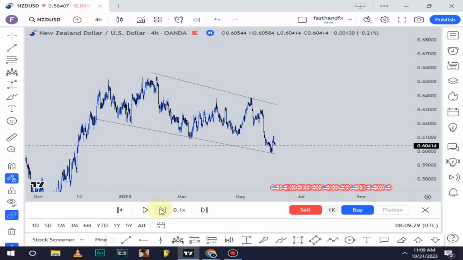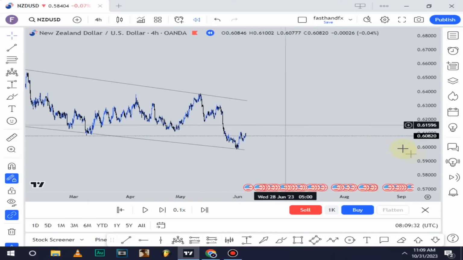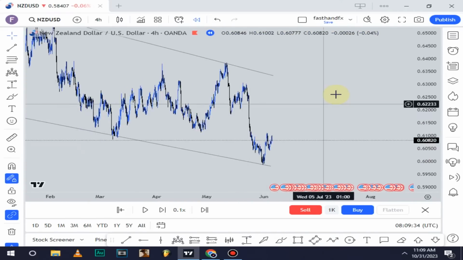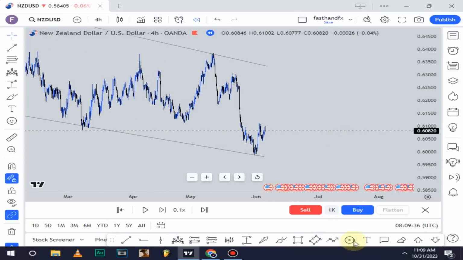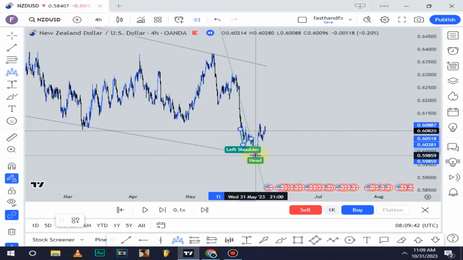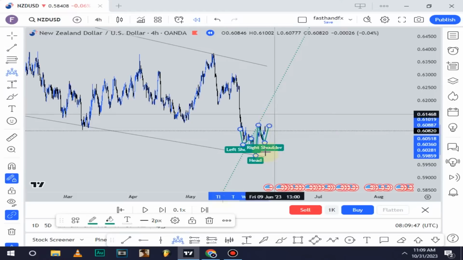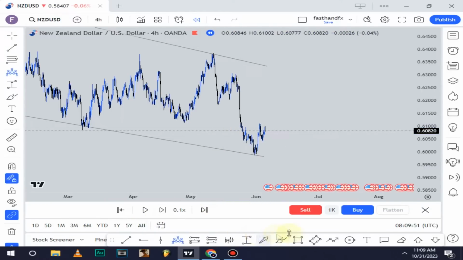Okay, so for now I can see that the market is trying to give us a reversal sign. What do I mean by that? You can see we have an inverse head and shoulders. That's the left shoulder, that's the head, back to the neckline, right shoulder. So what we now anticipate is the market to reverse and go to the upside.